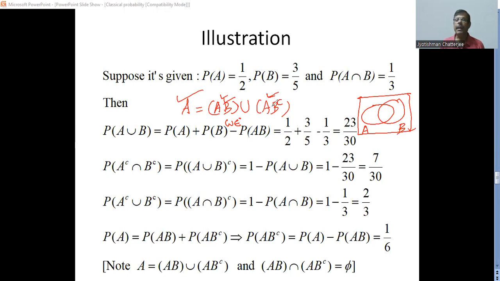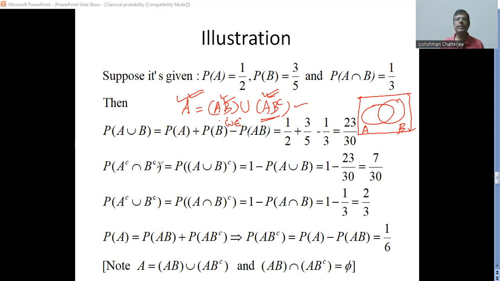Now, if omega belongs to this part, then also omega must belong to A, because this part is nothing but A intersection B complement. So either way, we have argued that if omega belongs to the right hand side, then it must belong to A. In other words, any omega on this side must belong to A, right?